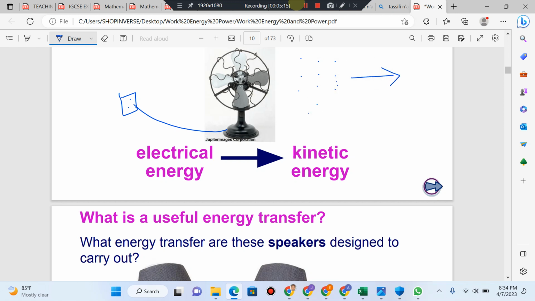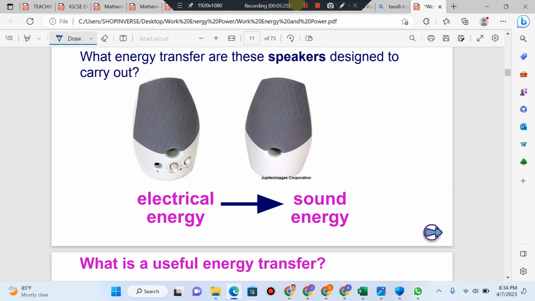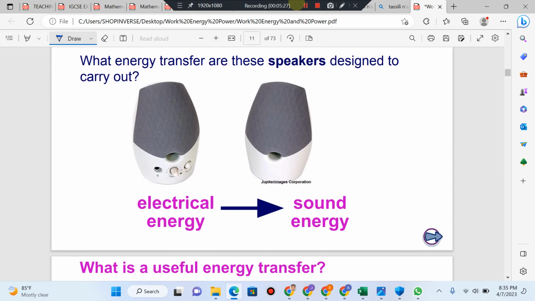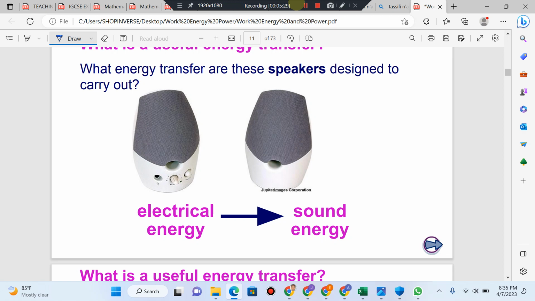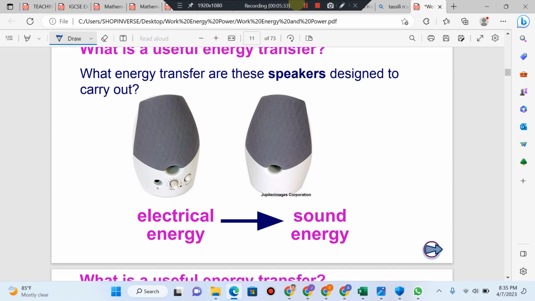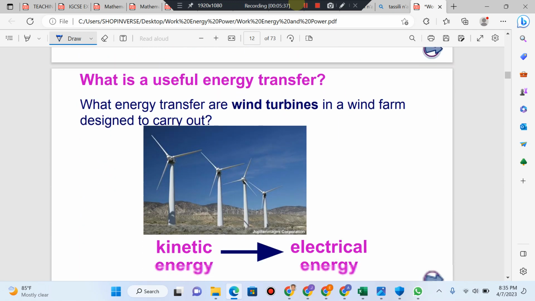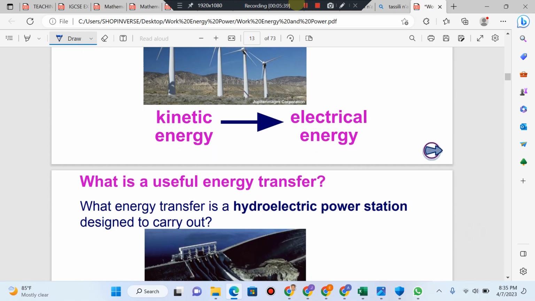That is when air molecules are sent out in motion and the air molecules are given some kinetic energy, and that is conversion of electrical energy to kinetic energy. Also, the electric speaker in your house converts electrical energy to sound energy. And that sound energy is due to air molecules that are also in motion.